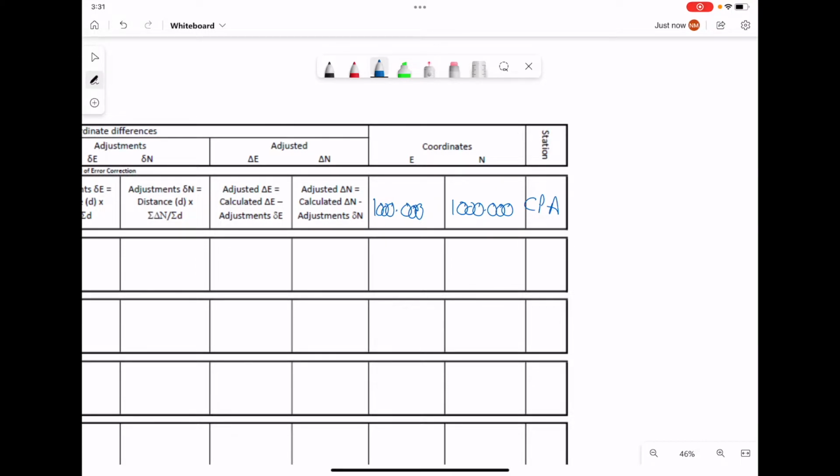We want to choose a coordinate for the eastern and the northern so that whenever we work out the coordinates of control points B, D and C, they are all positive values. So with values of 1,000, anything that we calculate based on our starting point shouldn't have any negative values.